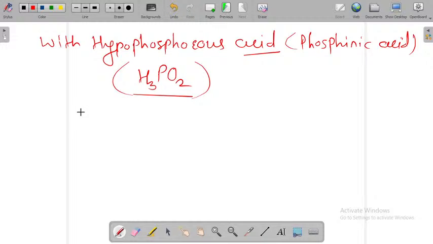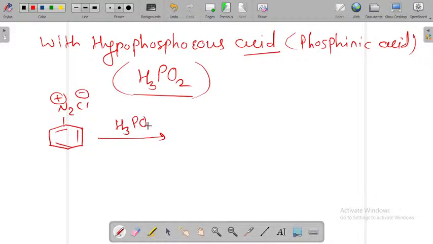So the salt is going to be protonated. Which salt? This benzene diazonium chloride salt, N2 plus Cl minus, is going to be protonated in the presence of H3PO2. Can you guess the product?